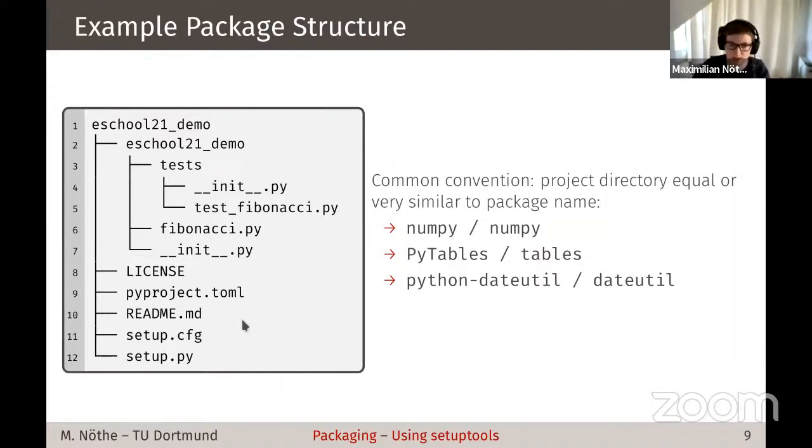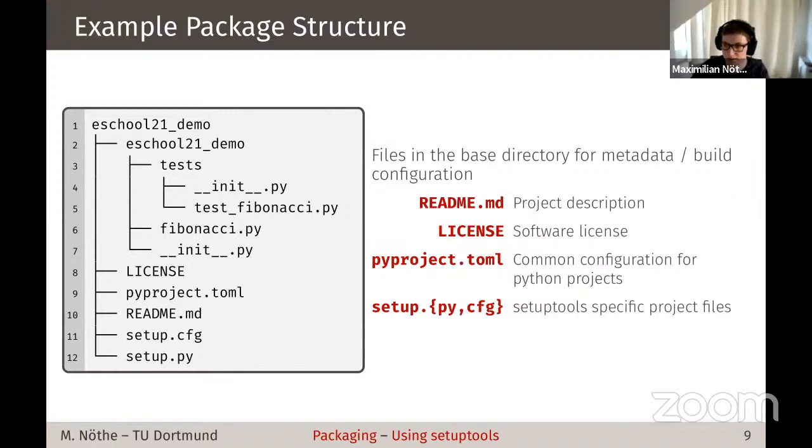I think it was standardized one or two years ago, and it is used to specify how your project needs to be built, what software needs to be available to even create your package. Then there are the two configuration files for setuptools, which are setup.cfg and setup.py. We will learn in detail later what we have to put in those to make our project work.